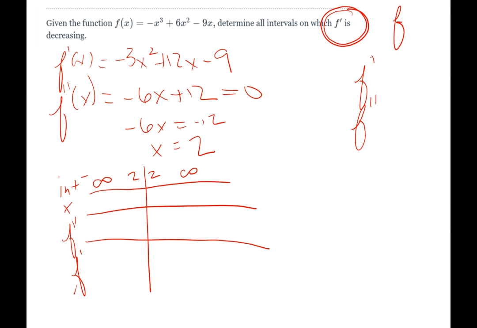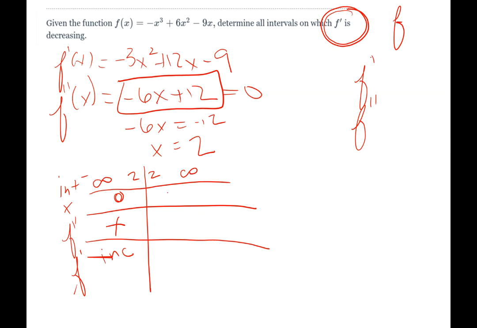All right, so I'm going to pick a number between negative infinity and 2, which I'm going to pick 0. I would have boxed this right here because that is my most simplified second derivative. When I plug a 0 in there, I get a positive. So if the second derivative is positive, that means the derivative is increasing.